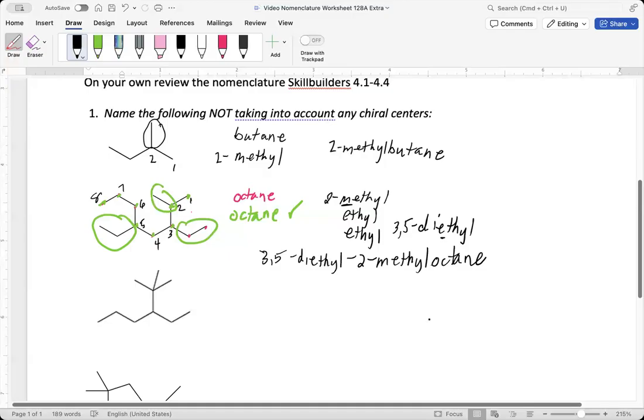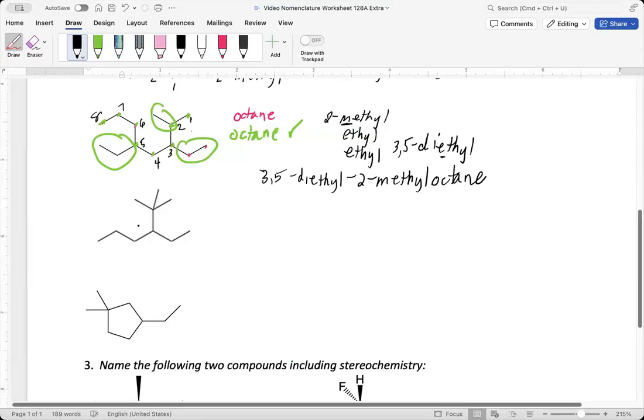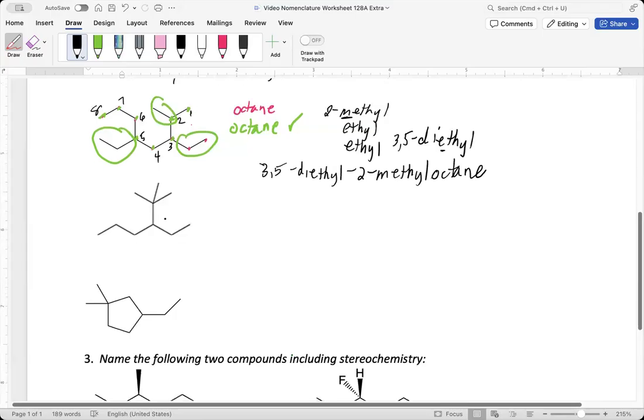Let's move on to the next one here. So this next alkane has 2 different ways we can name it. A simple way to name it is by using the common name for this substituent. The common name for this substituent is tert butyl.